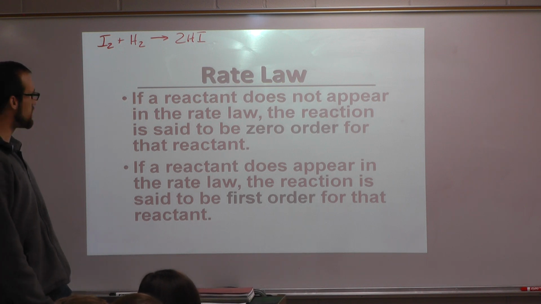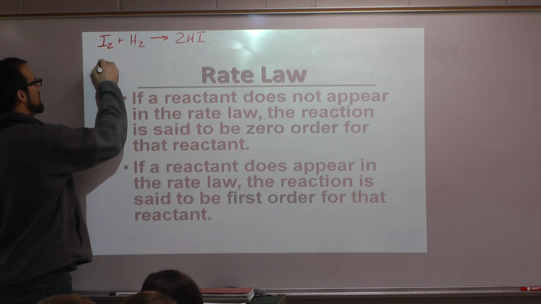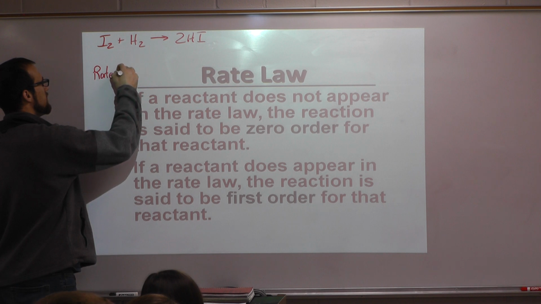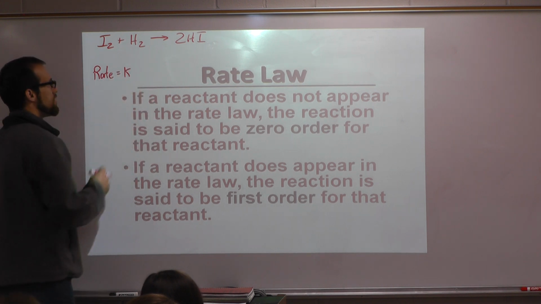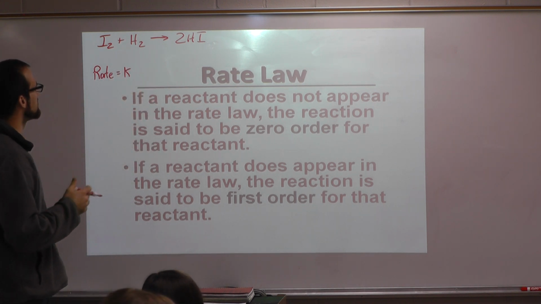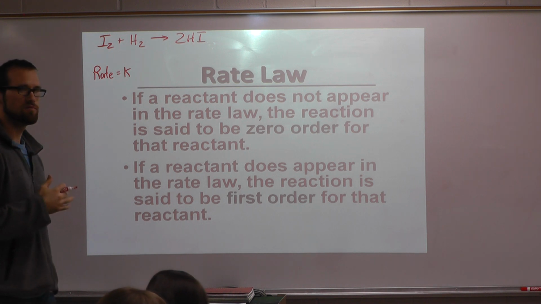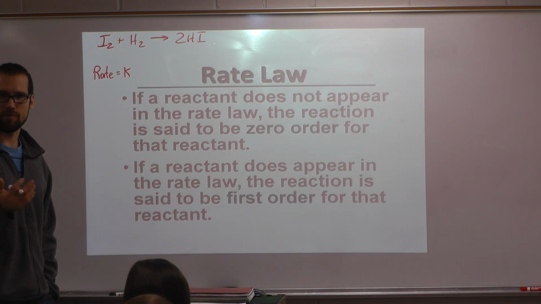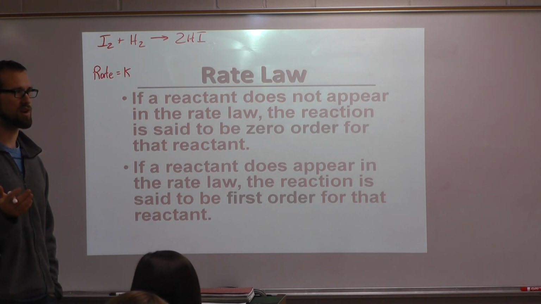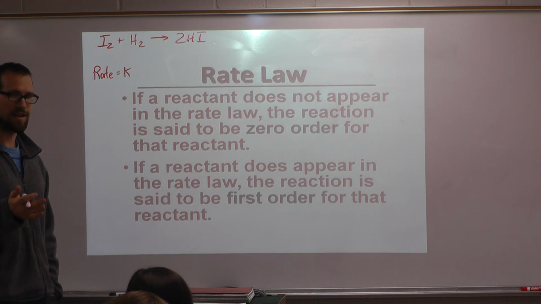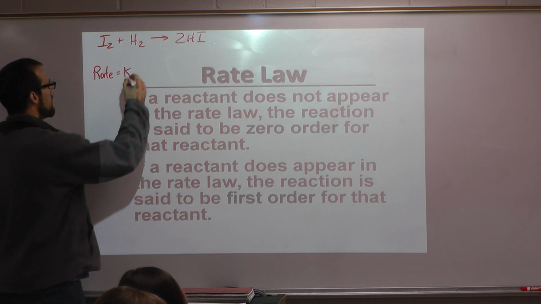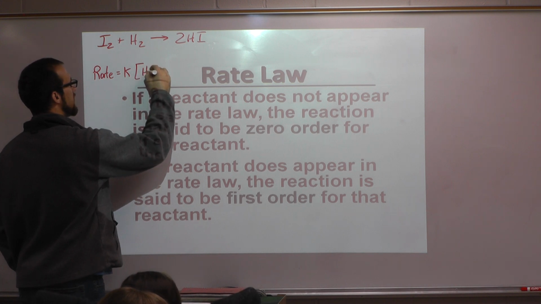An example of a rate law where I do not have a particular reactant in it would look like this. Let's say I2 didn't have an effect on the rate. What I mean by this is I could change the concentration of I2 all I wanted, and it doesn't change the rate. It's not even going to be in the rate law.